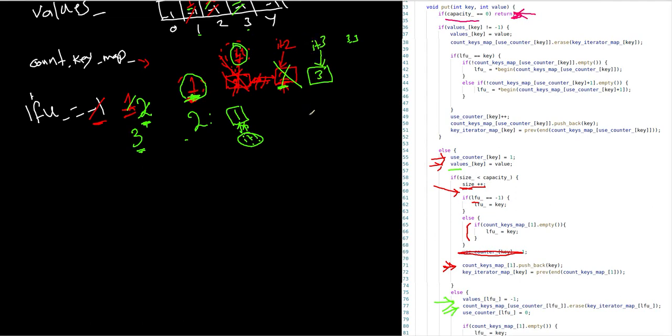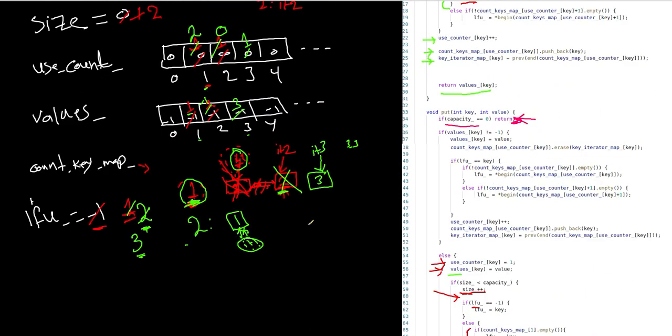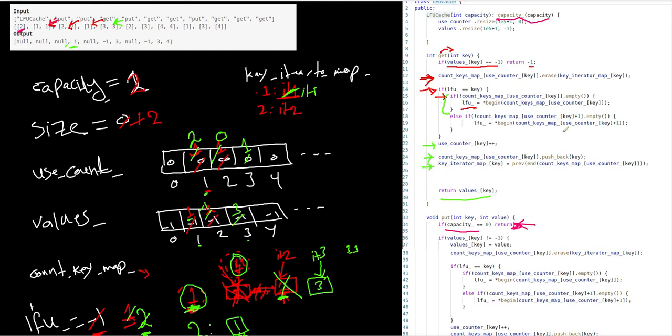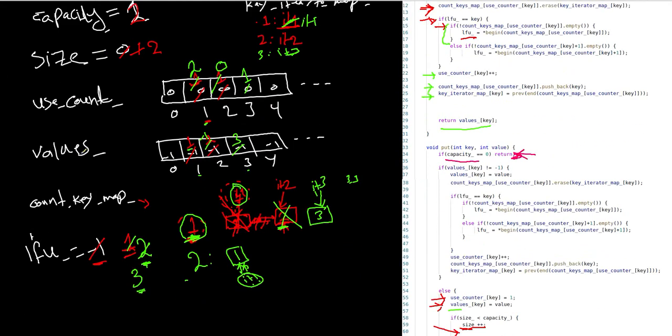This is the iterator, and also key iterator map of key equals iterator 3. This is just the pointer where it is in the linked list. We are done with this put operation, and as we said, now our LFU is 3.